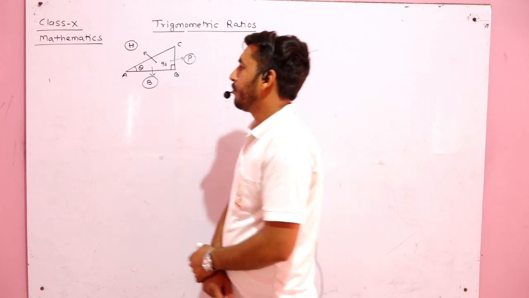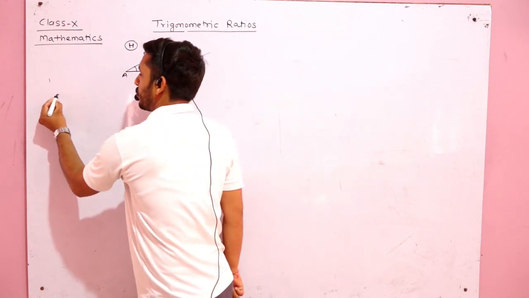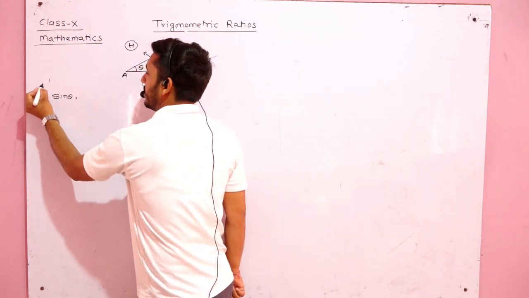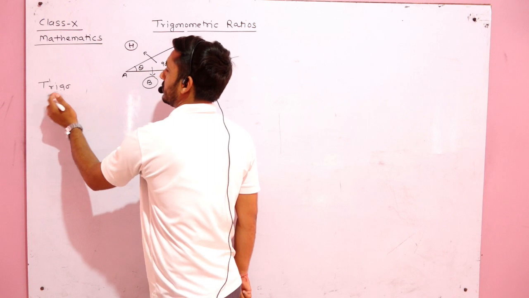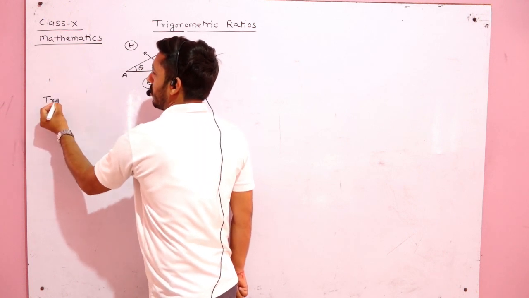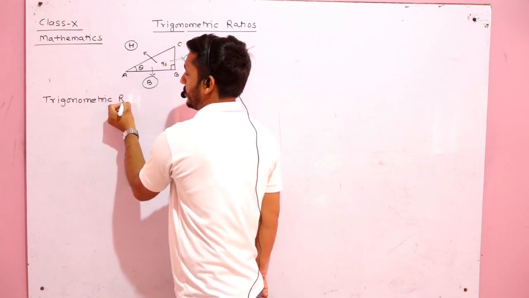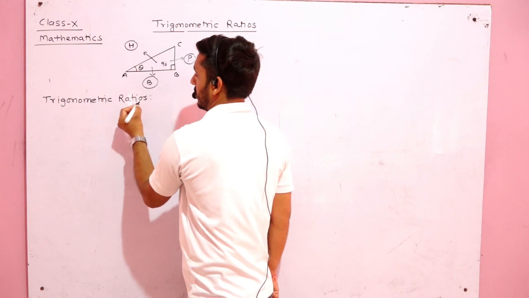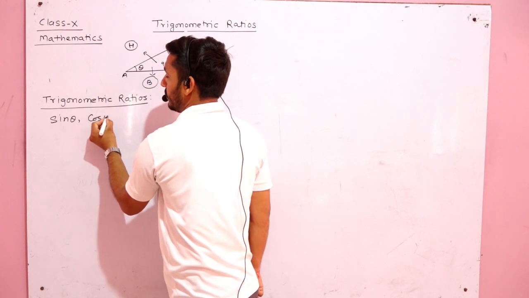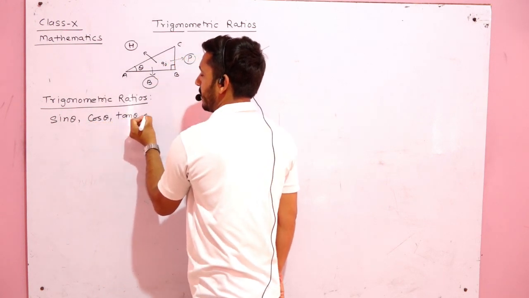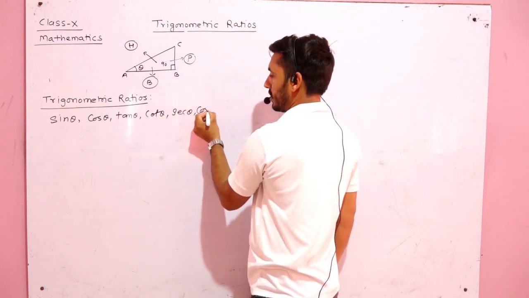We note down, we can write all trigonometric ratios: sin theta, cos theta, tan theta, cot theta, sec theta, and cosec theta.